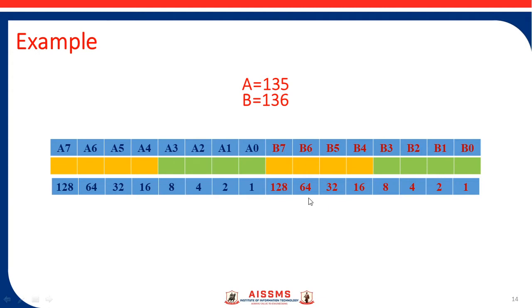B6, 2 raised to 6, 64, and B7, 2 raised to 7, 128. So like that for A0 to A7, that is 1 to 128. So take the combination of bits such that the addition should be 135 as well as 136.